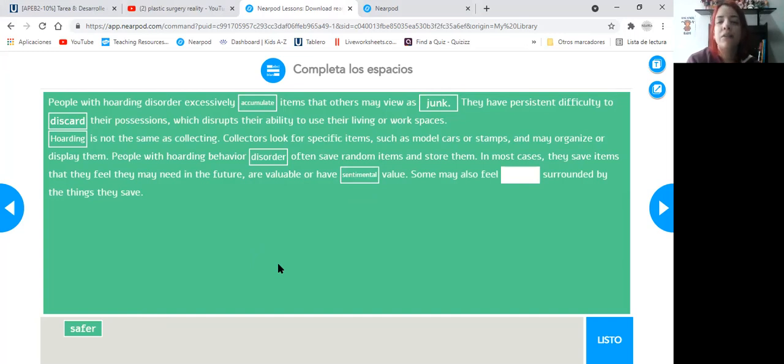Perfect. Some may also feel safer surrounded by the things they have. Very good. They have this sensation, okay? Remember, I told you that they see things differently?